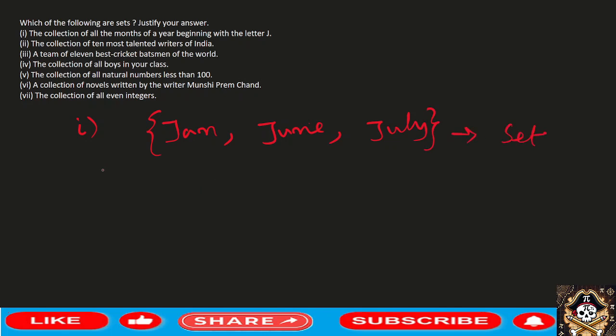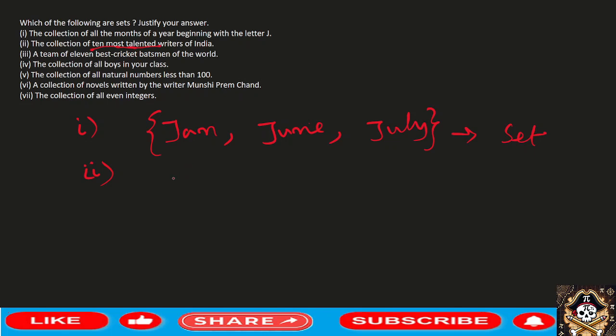Now let us go to the second example. The collection of 10 most talented writers of India. Now here you see 10 most talented writers. The phrase most talented is not well defined because for some writer you cannot decide whether they are talented or not.